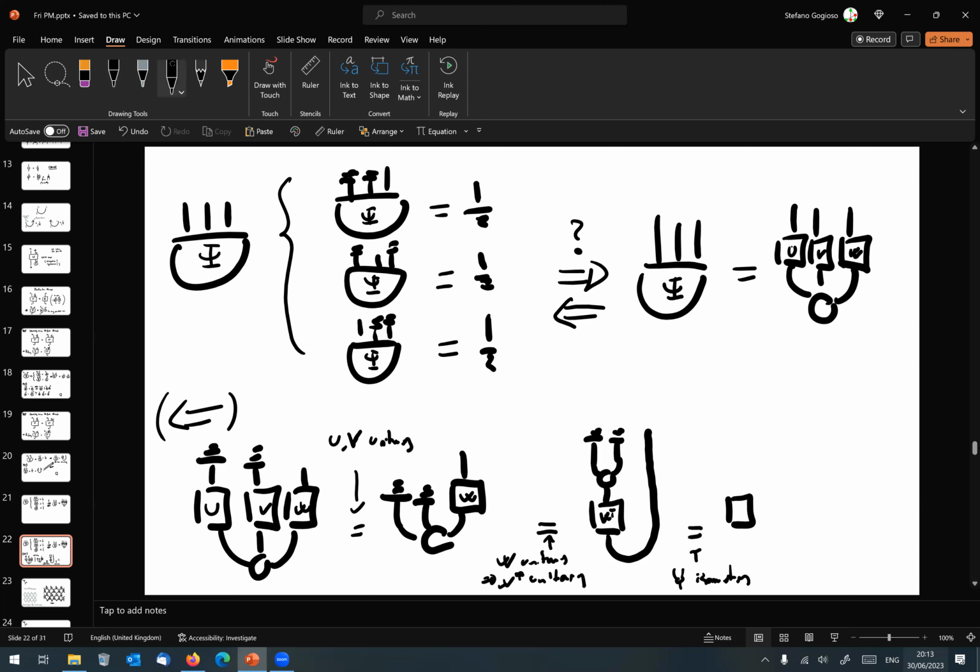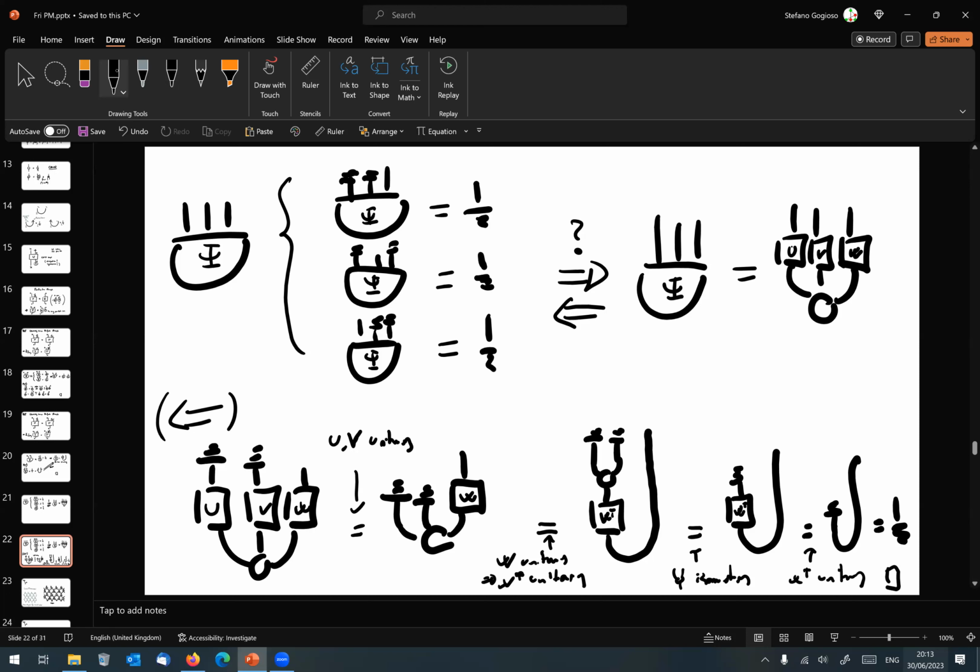And then you will ultimately use the fact that VW^T is unitary to get this, which is just a maximally entangled state. You use the fact that W^T is unitary. And that's the proof in one direction.